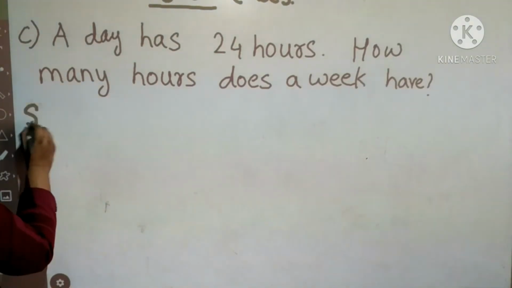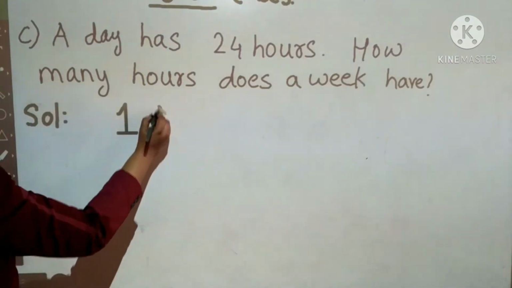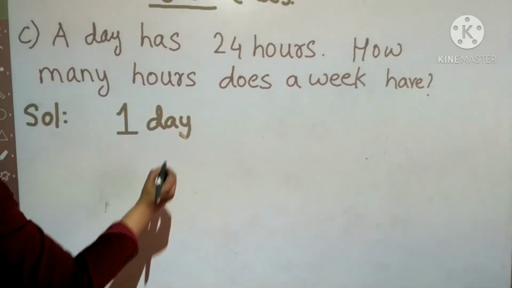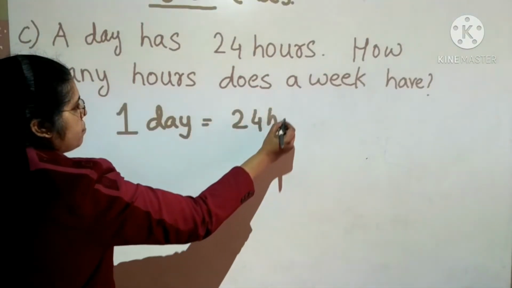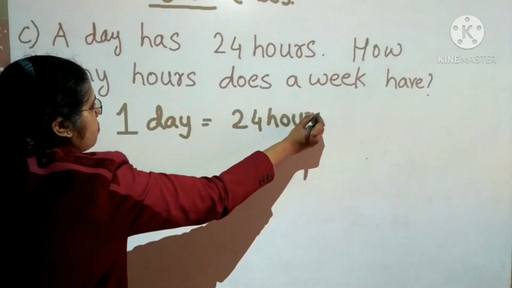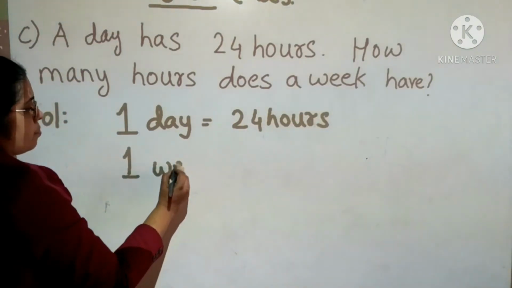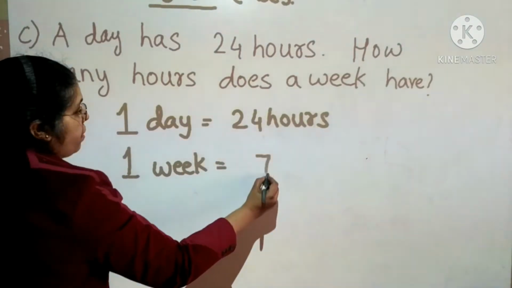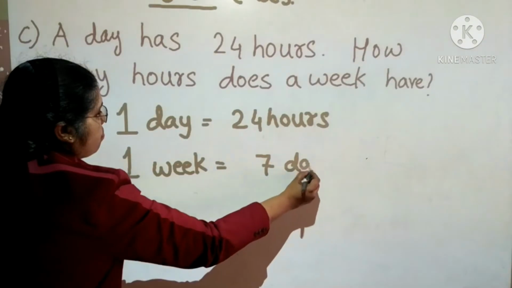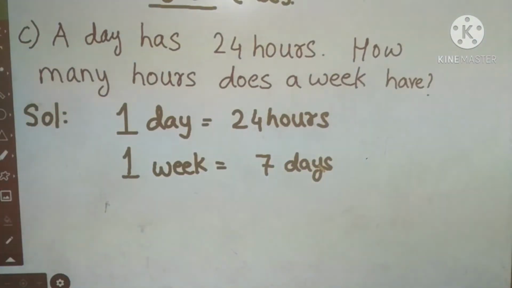Monday is equal to 24 hours. One week is equal to 7 days. And you have to find in 7 days how many hours are there.